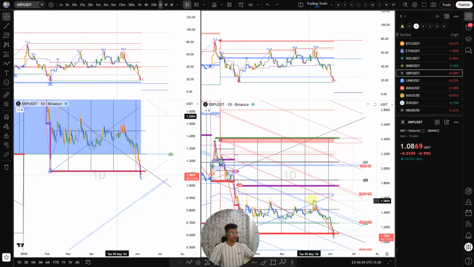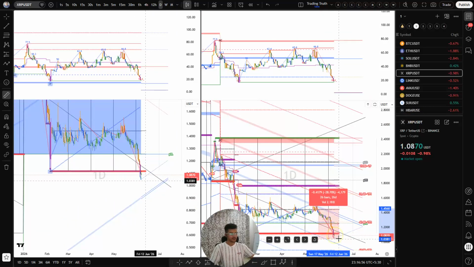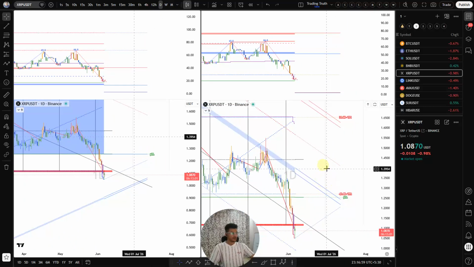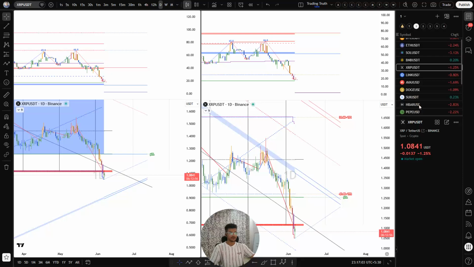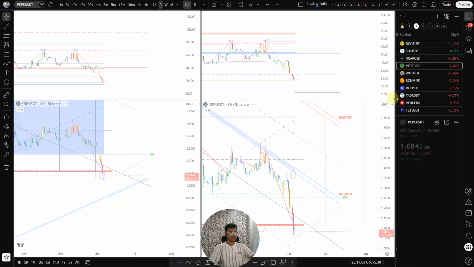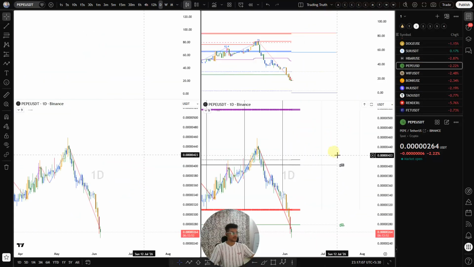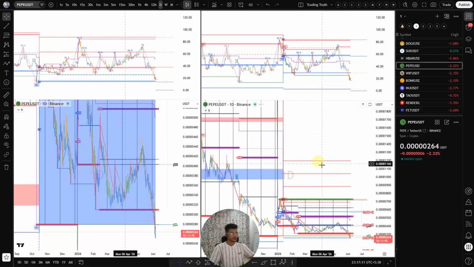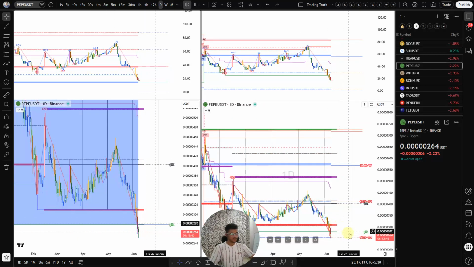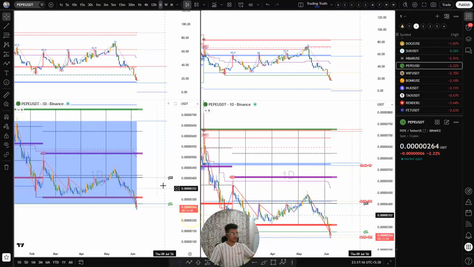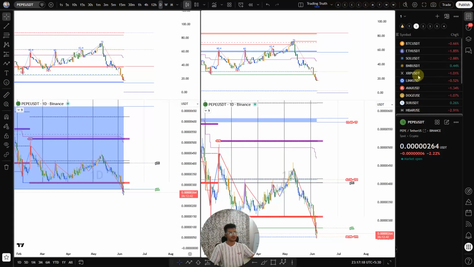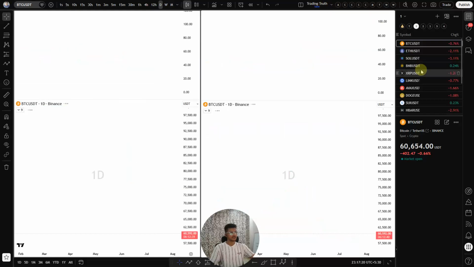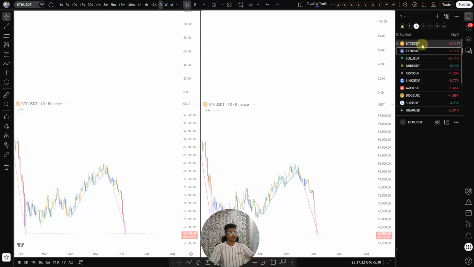Okay, let's just look at Pepe. TP2 got raised on Pepe, previous year low. Yeah, it's the same story, guys, for all the crypto coin.